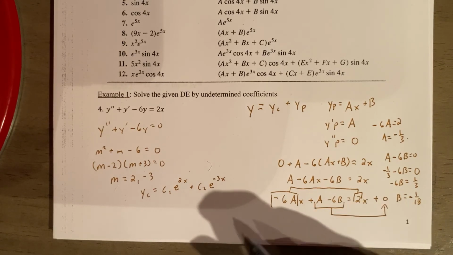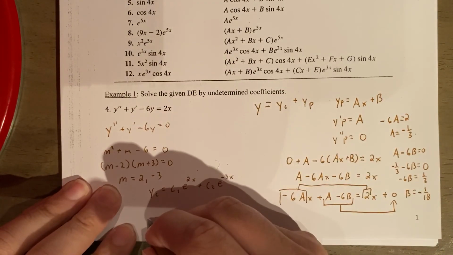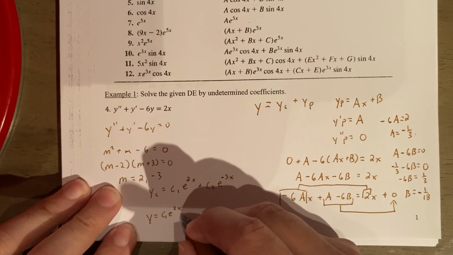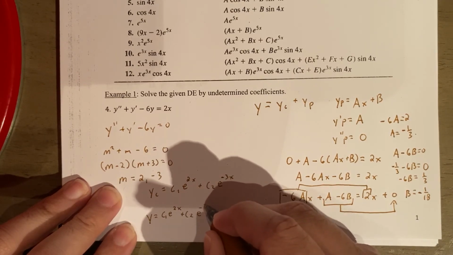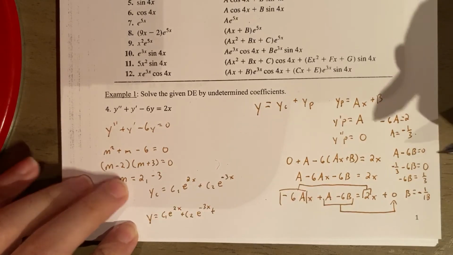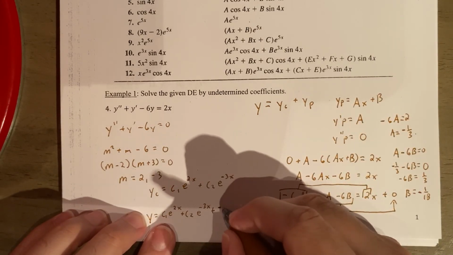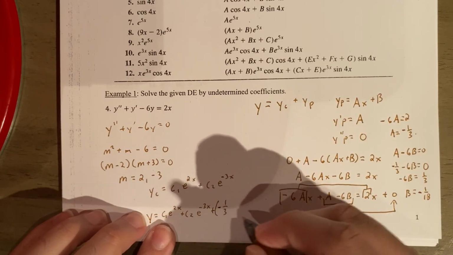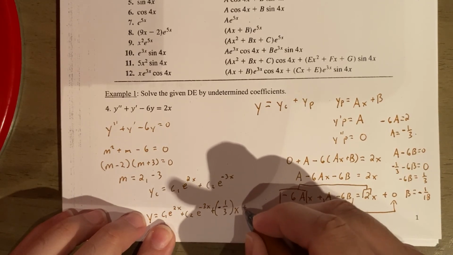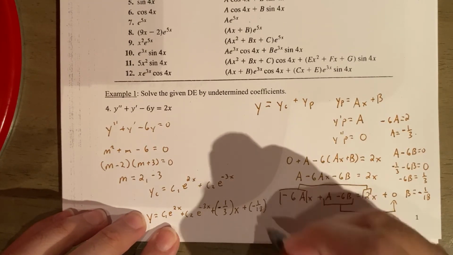And now I'm going to go ahead and plug this in to my equation, and we're going to get y is equal to the complementary plus the particular, which our a is now negative 1/3, so it's going to be negative 1/3 x plus our b, which is negative 1/18.